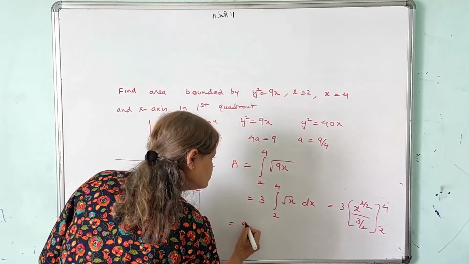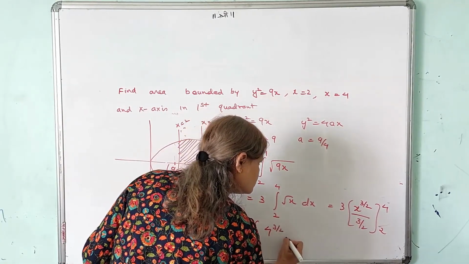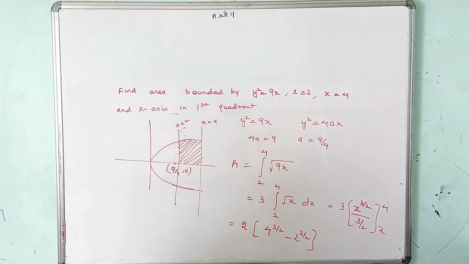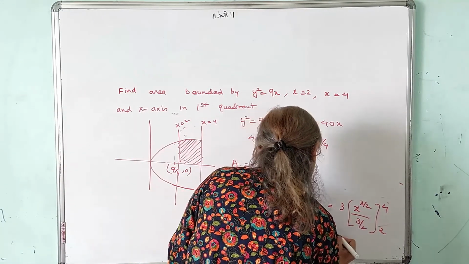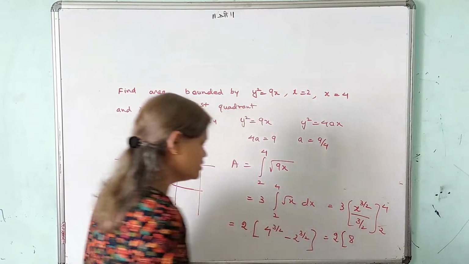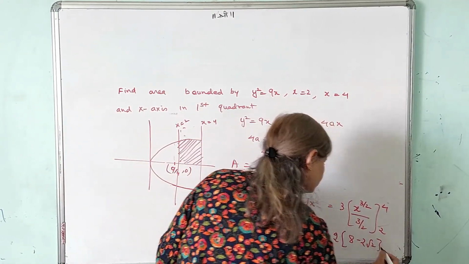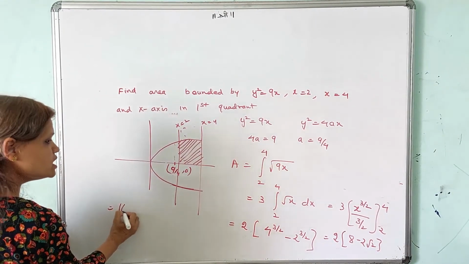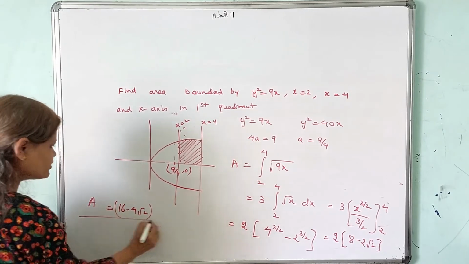Get 2. Then you substitute upper limit minus the lower limit. So that will become 4 cube, 64 root, that is 8. 8 root is 2 root 2. So answer is 16 minus 4 root 2, the required area.